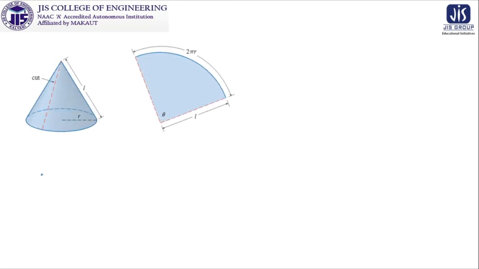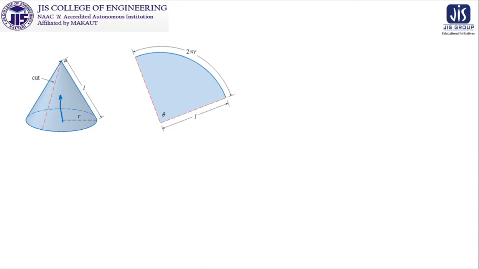Now we are going for the next example, and we are trying to find the area of this cone, that means the slanting surface area of this cone. You can think about how this area is generated. You can take the axis here, and you can take this line.